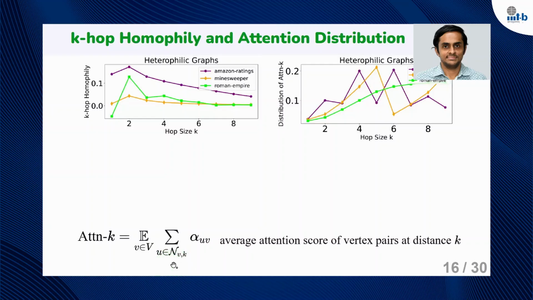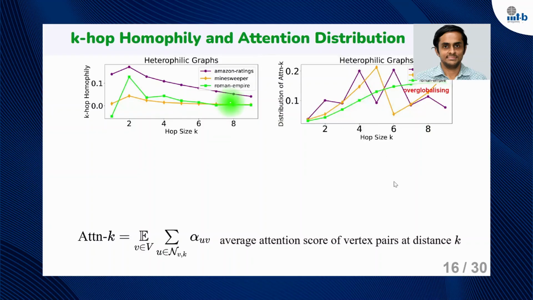Attention k is the average attention value across all node pairs that are k hops away from one another.